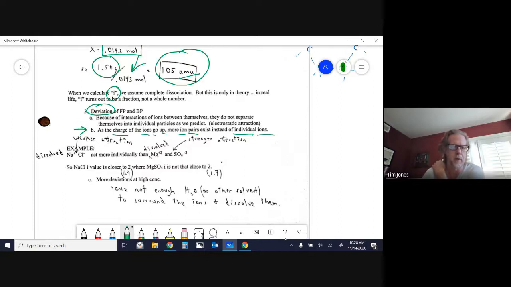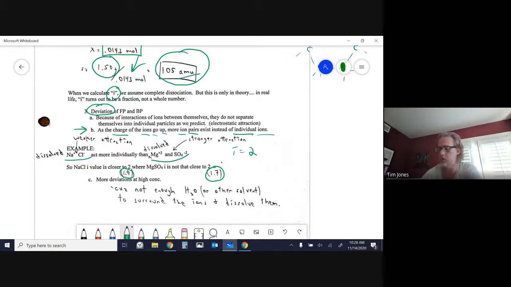If we were to compare sodium chloride in water and magnesium sulfate, we say that they both have an I value of 2. But it turns out that sodium chloride would be closer, let's just say 1.9, whereas magnesium sulfate might be, say, a 1.7 because of the higher charge of the magnesium and the sulfate ions.